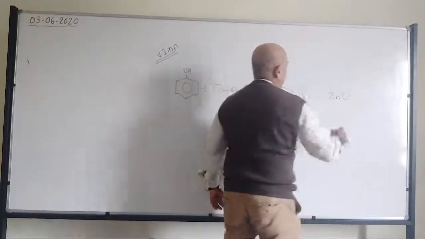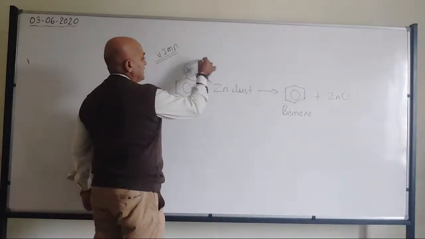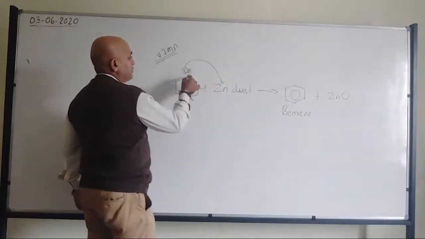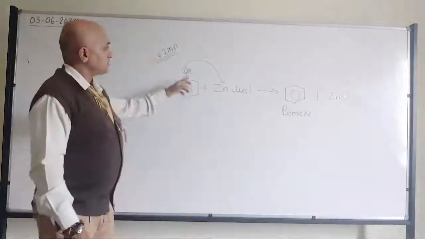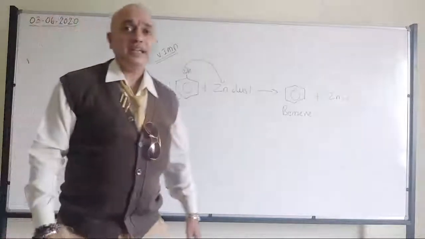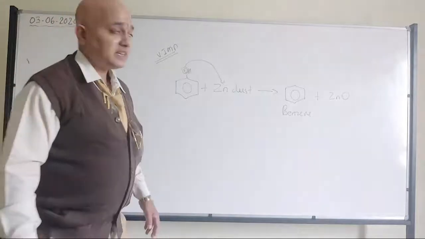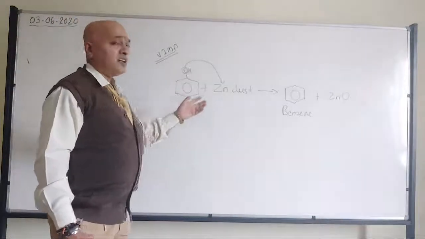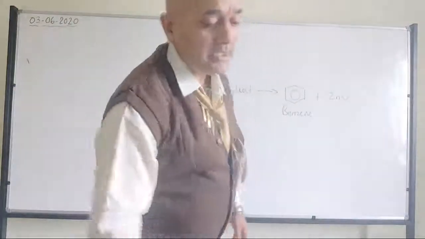And zinc oxide. So whatever oxygen is there, it will go with the zinc. Hydrogen will be attached to the carbon. Oxygen will go with the zinc. That's where we have got the zinc oxide. So when phenol is treated with zinc dust, the product which is formed is benzene.